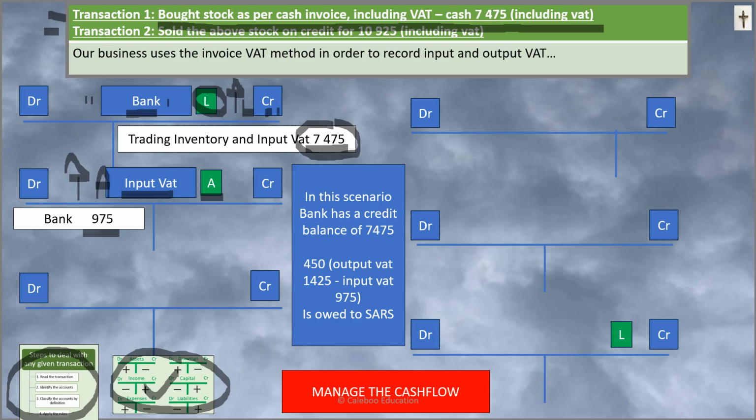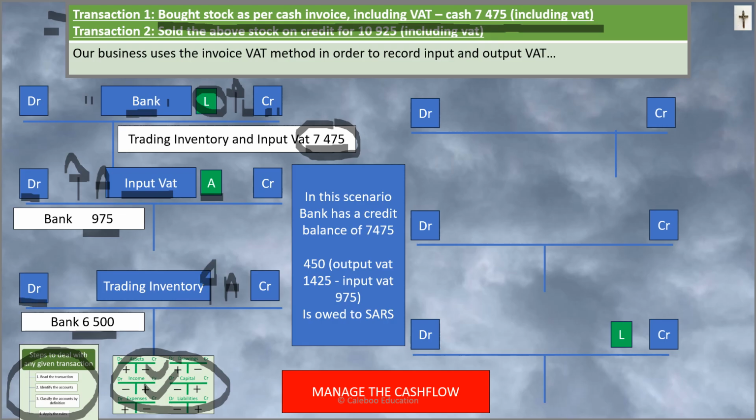An increase in assets, according to our rule, gets debited. And then trading inventory, which is also an asset. We've bought stock, and the amount excluding VAT is 6,500. The value of our asset has increased. An increase in assets, the account must get debited.